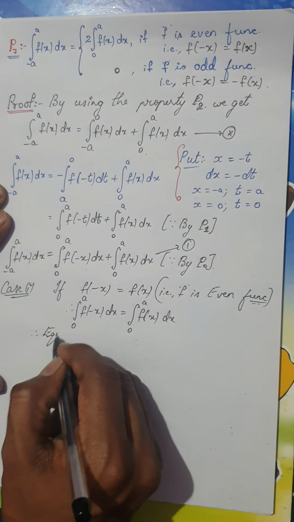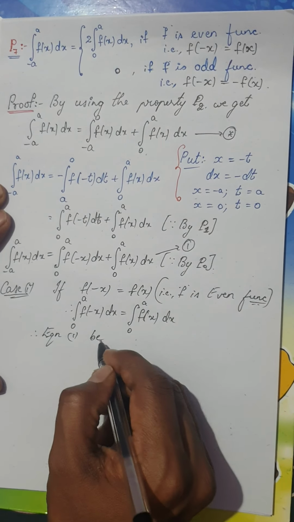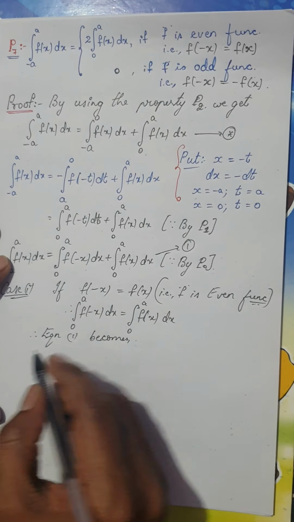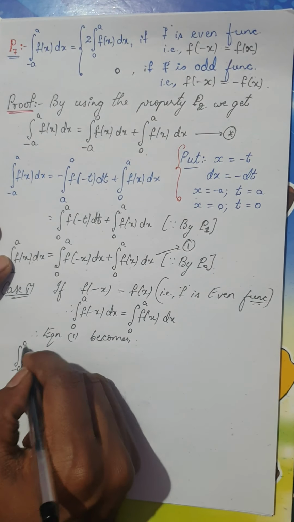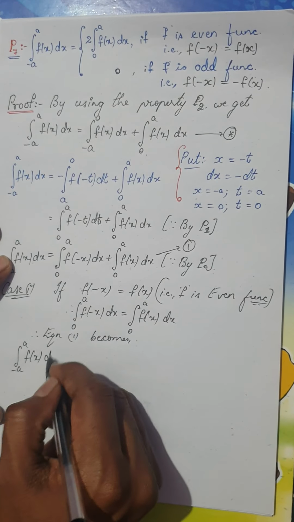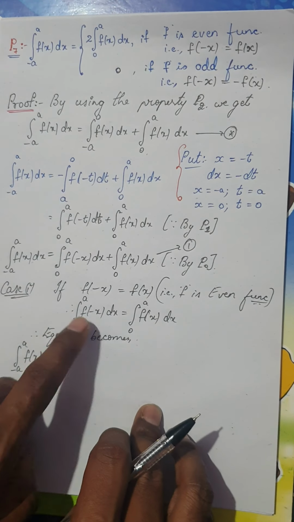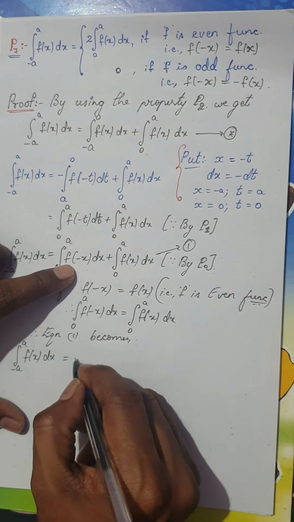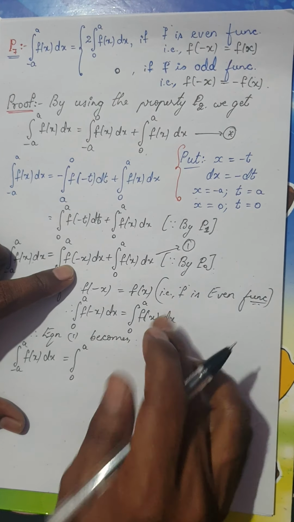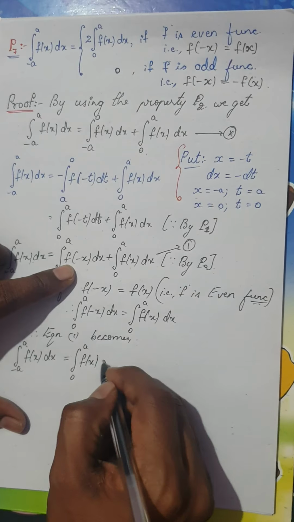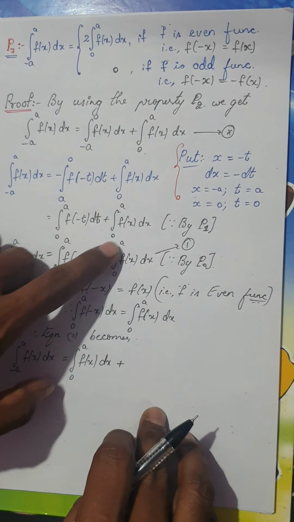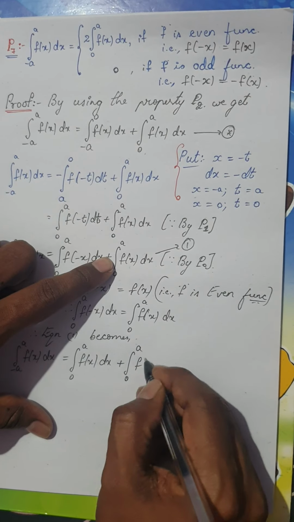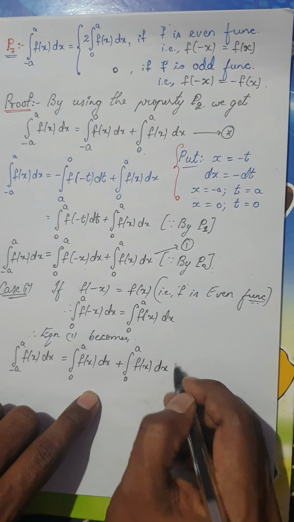Therefore equation 1 becomes: the integral from minus a to a of f of x dx is nothing but the integral from 0 to a of f of minus x dx, which I will replace with the integral from 0 to a of f of x dx, plus the integral which I already have, which is 0 to a of f of x dx.